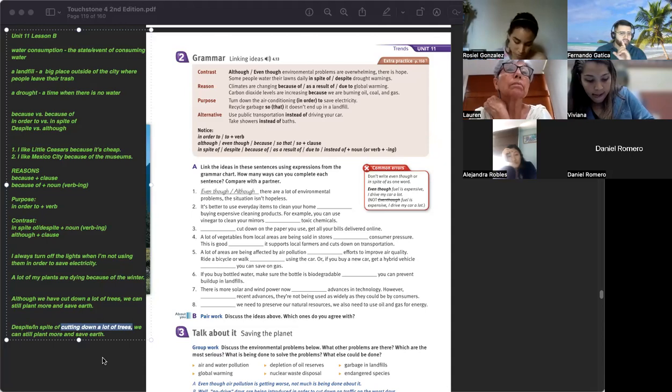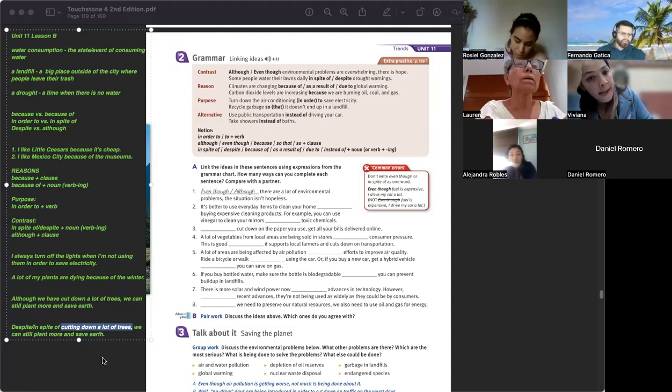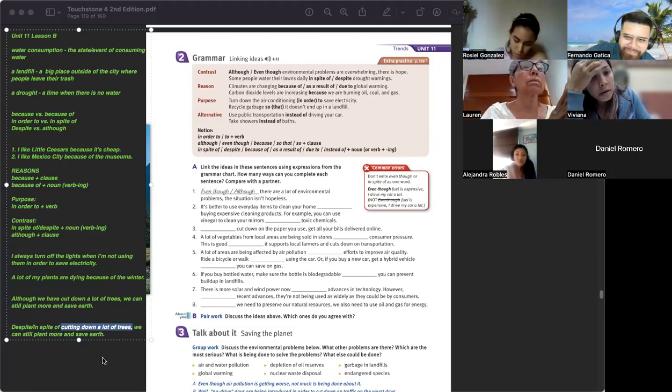And in that case, there is no subject, because there is no verb. No subject, despite or in spite of. If you can remember these 6 expressions, you will be okay on the test.